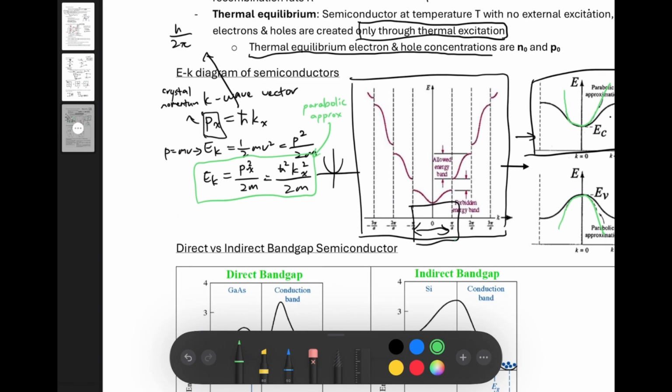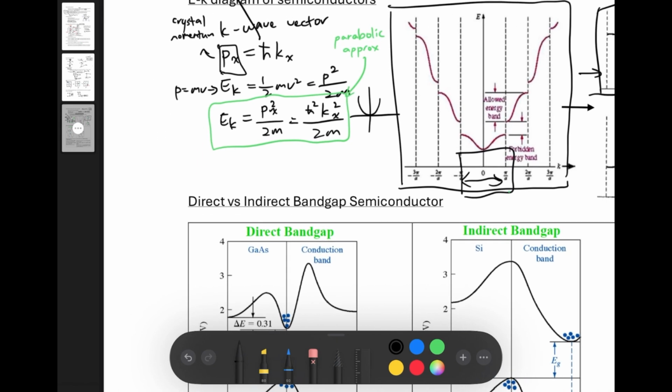And there's one more equation that you need to take note of. You are not required to derive this in the exam, but it is also provided in the formula sheet. So 1 over m star, this is the effective mass. It can be the effective mass of either the electron or the hole.